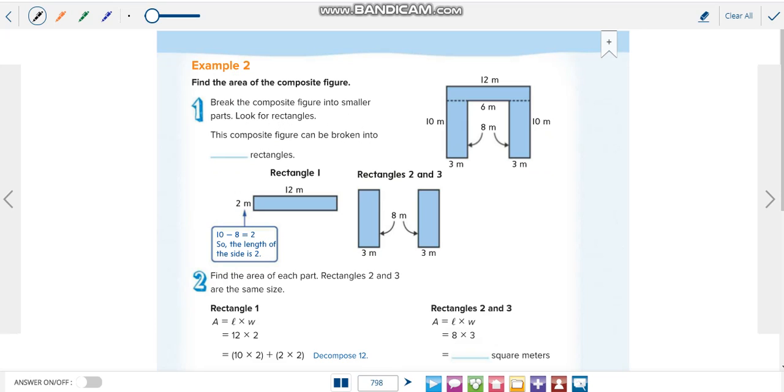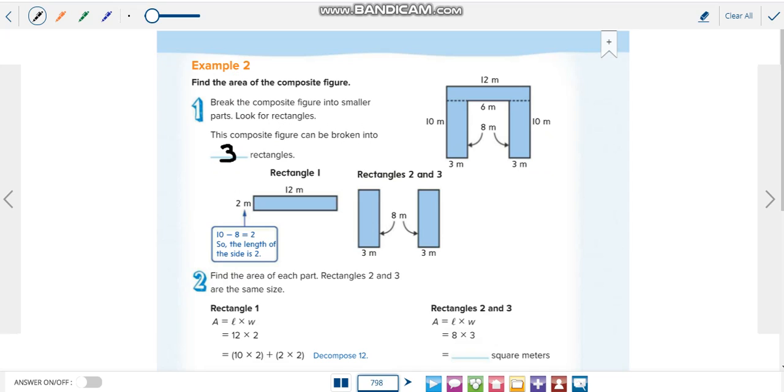So it's step number 1. Break the composite figure into smaller parts. Look for the rectangles. So we decompose the figure into 3 parts. This composite figure can be broken into 3 rectangles.